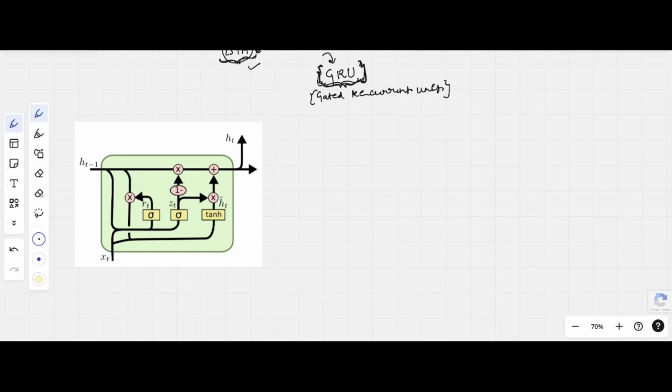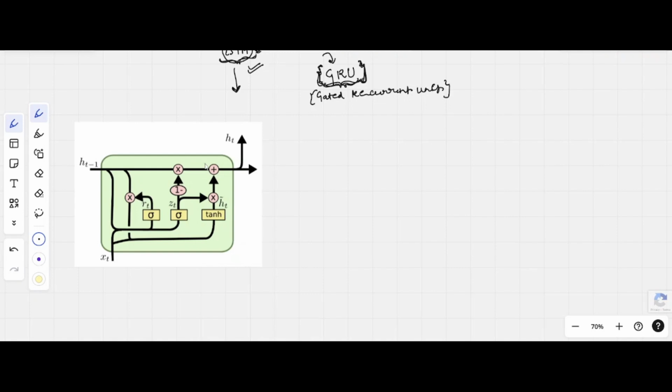LSTMs are helpful, but the problem is that LSTMs have a lot of weights. There are three gates, and within those three gates, there are single layered neural networks with nodes which are decided by you. If you pick a large number of nodes, since you have three gates, that becomes three times, plus the biases.